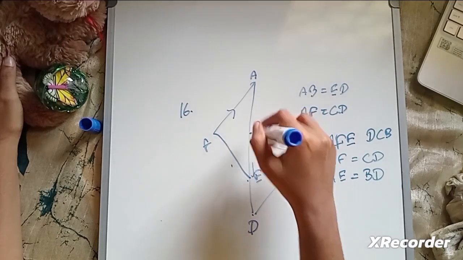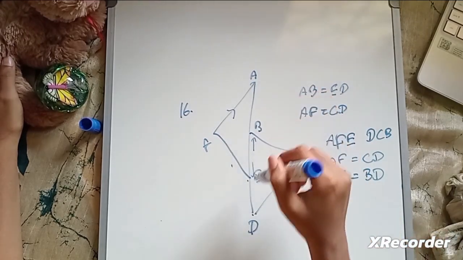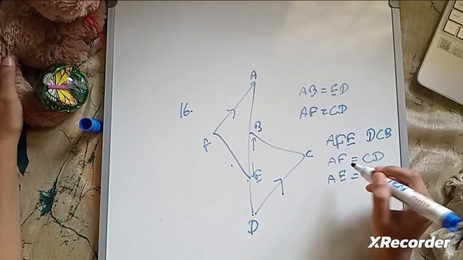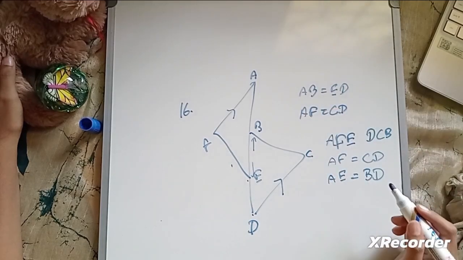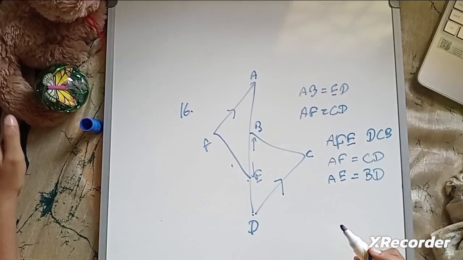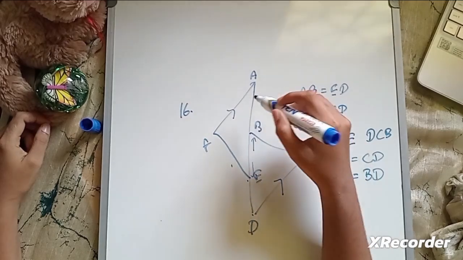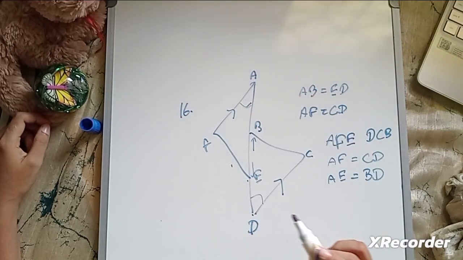This is common to both of these sides. So you can simply say AE equals BD. So two pairs of sides are equal, and also since AF is parallel to CD, you can say the alternate angles are the same.